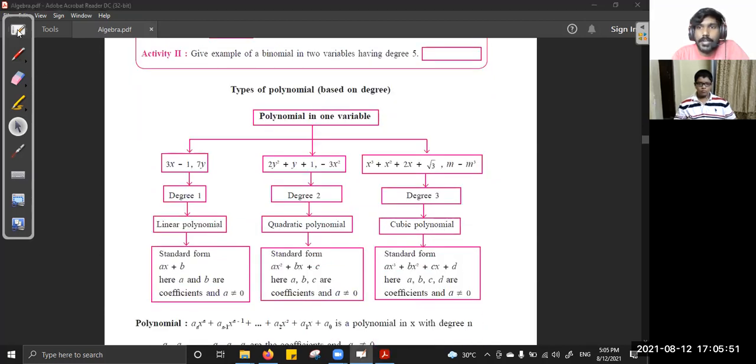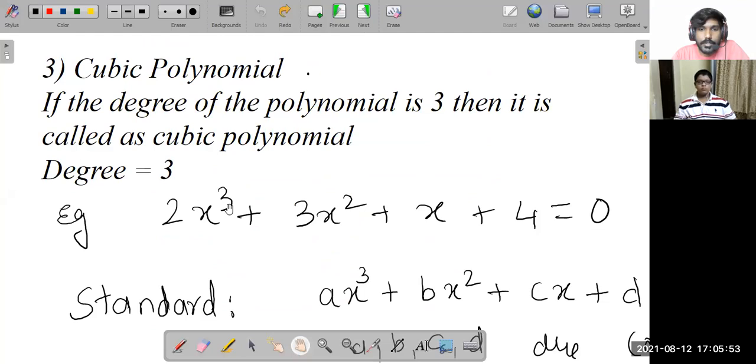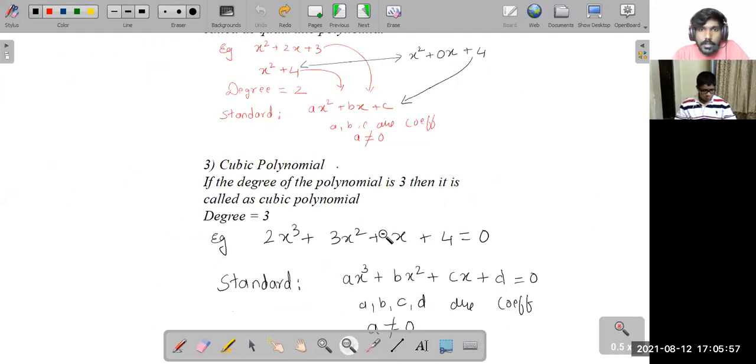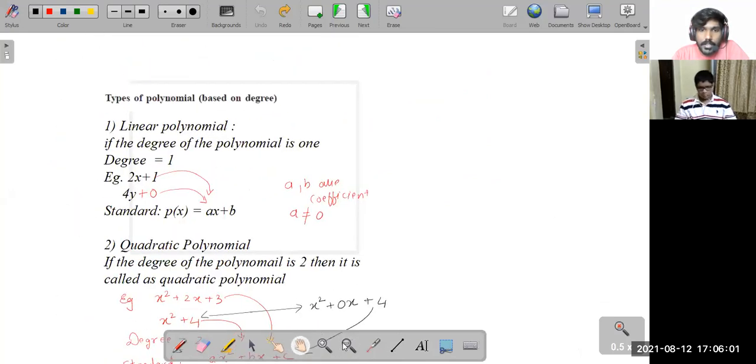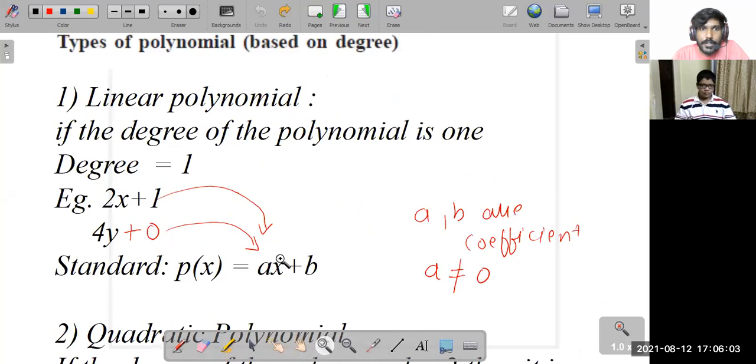The last topic that we stopped at was types of polynomial based on the power. Okay, types based on degree. So the first type was linear polynomial. In a linear polynomial, the degree is 1. Also, you need to remember the standard form for a linear polynomial is ax plus b.